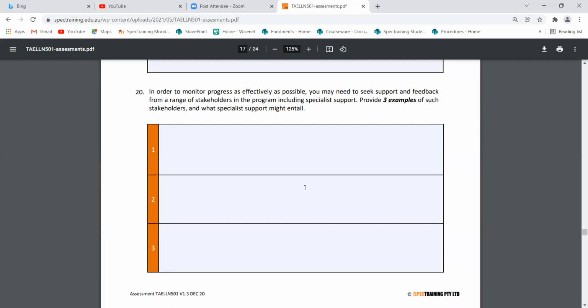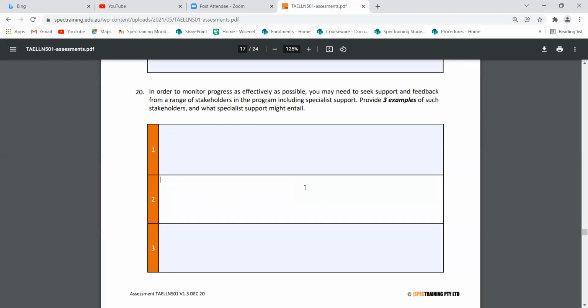You could talk about cultural liaison officers. You could talk about the workplace supervisors being involved. You could talk about, if it's a trainee, then maybe you want to get the traineeship advisor involved. Okay, all these different support personnel. Another stakeholder could just be the academic manager at the RTO or the LN specialist at the RTO.